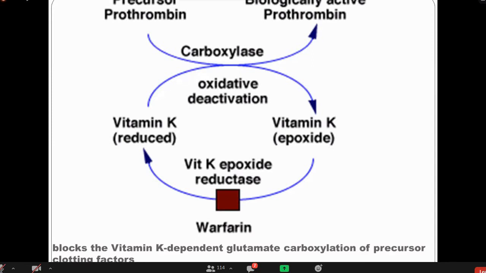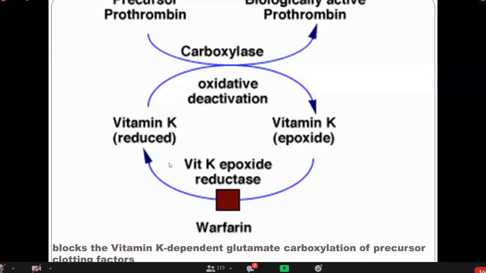And which form of vitamin K? Reduced form or oxidized form? The reduced form of vitamin K is required for the synthesis of these clotting factors. The conversion of vitamin K from epoxide to reduced form requires the vitamin K epoxide reductase enzyme. So if we give warfarin, it will inhibit the activity of vitamin K epoxide reductase enzyme.